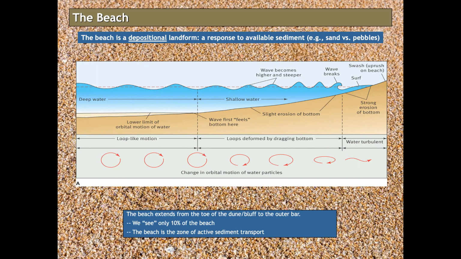So if you go to Hawaii, you may find some very black and dark volcanic sediment beaches. If you go to a place like Australia or Bermuda, the sand may be pink in color because there's a lot of coral that has been broken up to form the debris that makes up the sand.